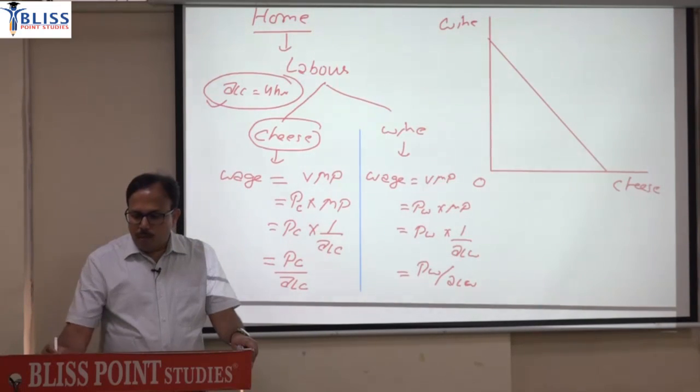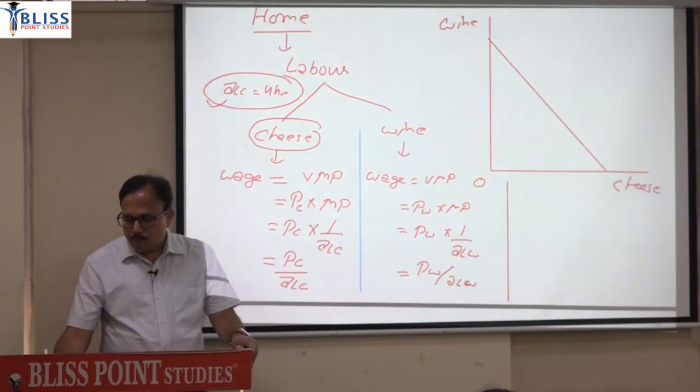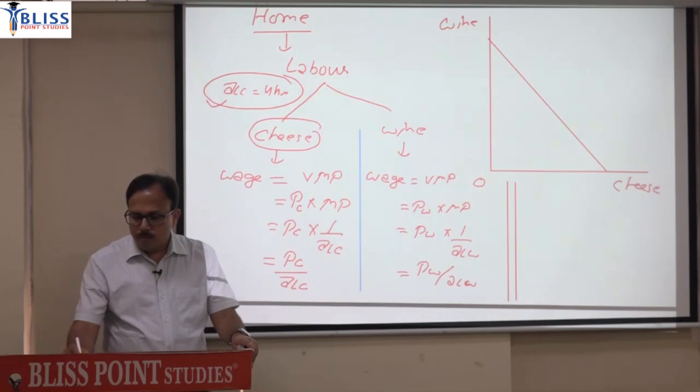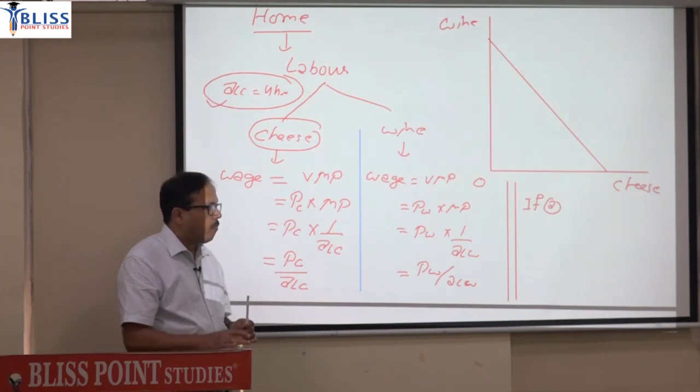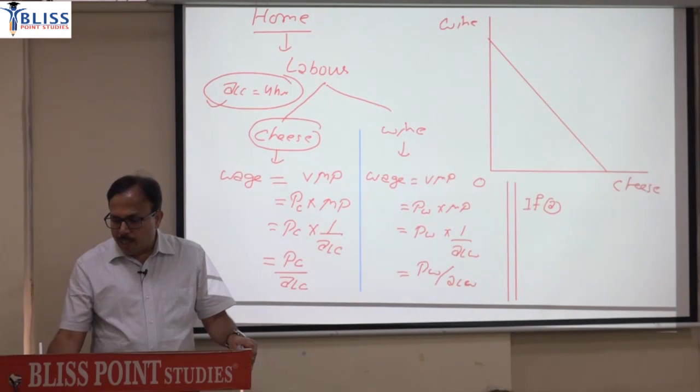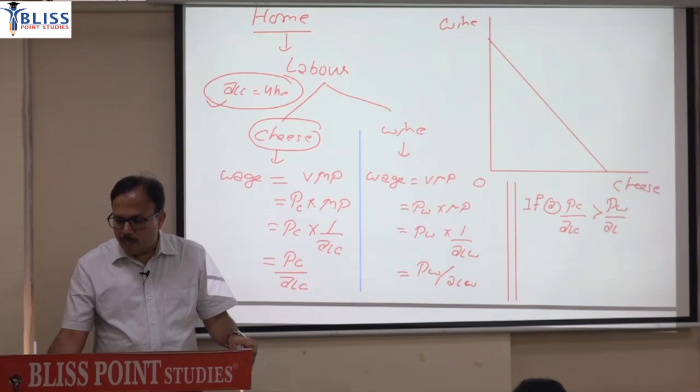Now we can visualize various conditions here. If number 1, if I say that PC upon ALC is greater than PW upon ALW, it means what?